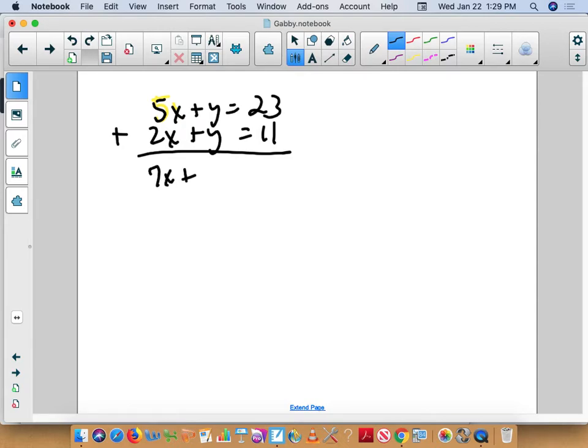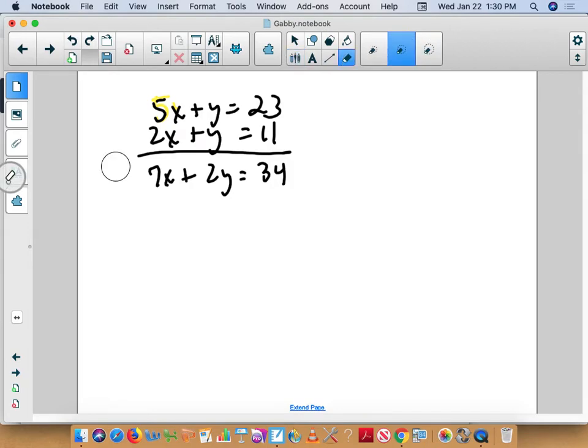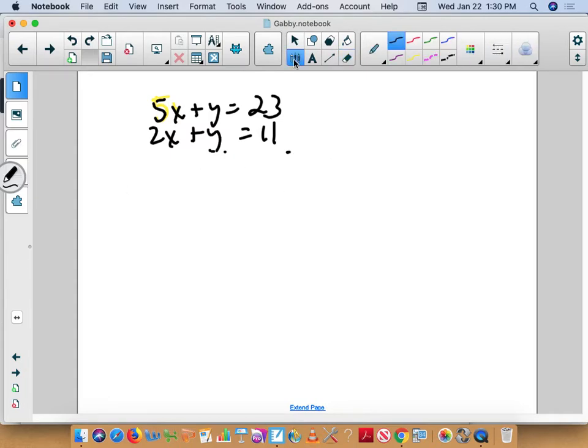How many y's? 2. And 34. I didn't get anywhere with that. That's why I said don't write it down. I just combined them. I didn't get anywhere. I didn't eliminate anything. That's why it's called elimination. Somebody may have taught you to combine things, and that's fine, but I didn't get anywhere there. So your job is to decide what you want to eliminate and what you can eliminate the easiest.